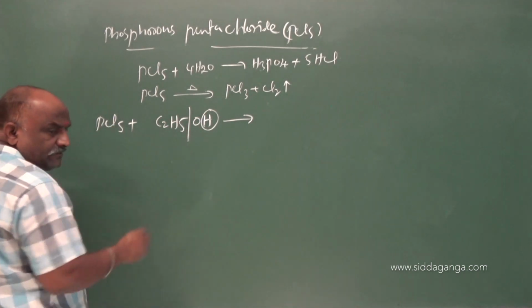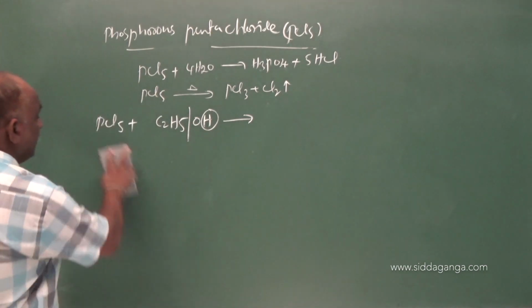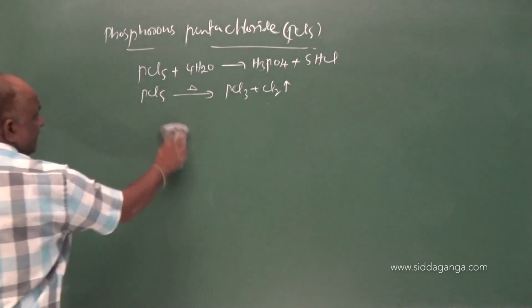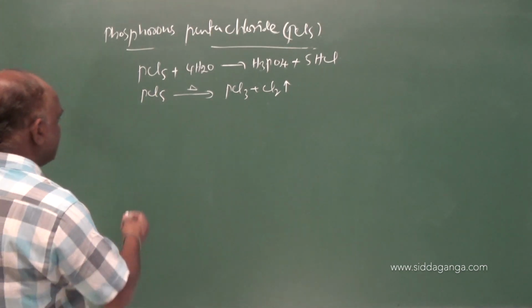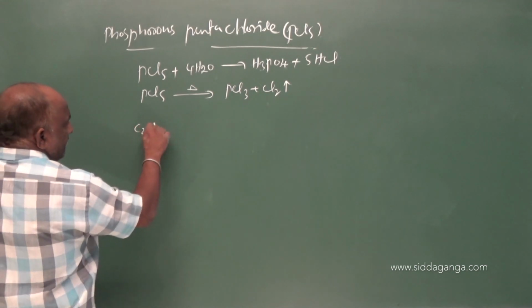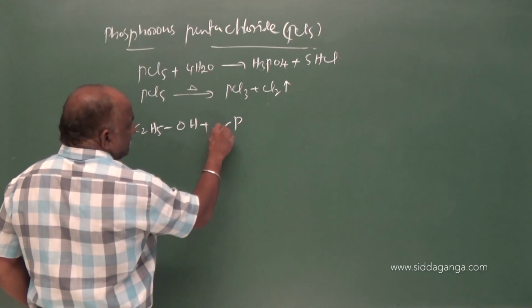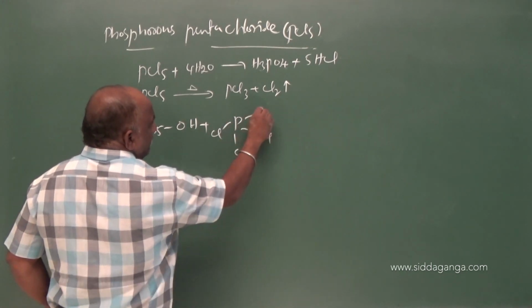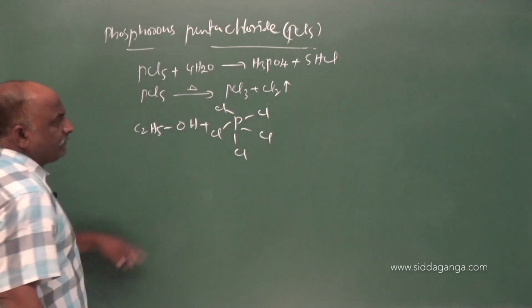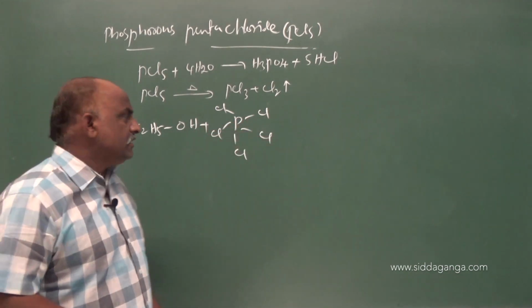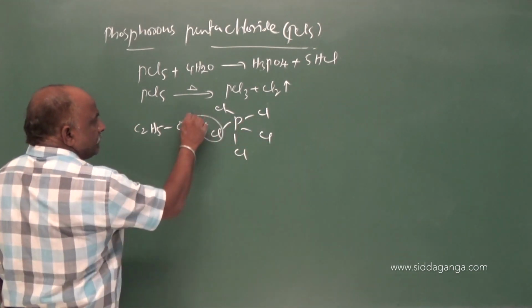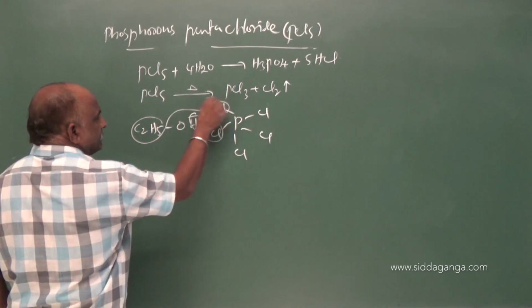If you are getting confusion regarding this, we should write it like this: C2H5OH plus PCl5. What is PCl5? Imagine it is a trigonal bipyramidal shape. Removal of HCl from this, removal of C2H5Cl from this.